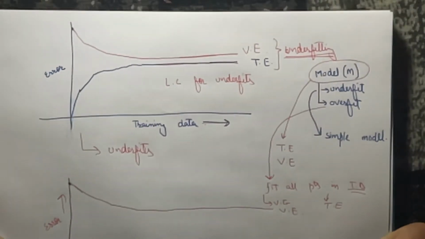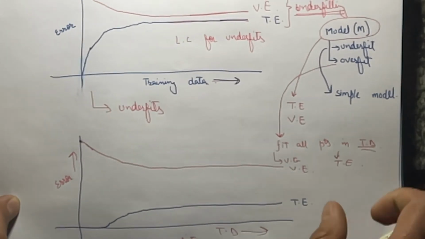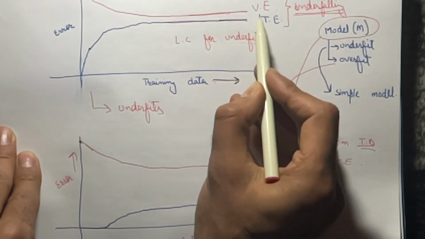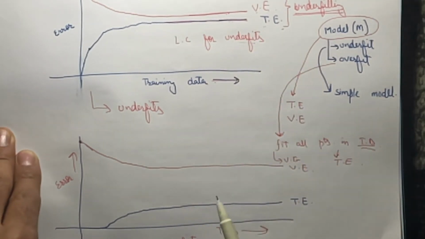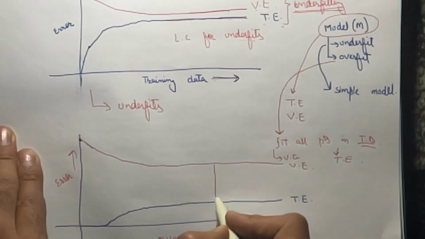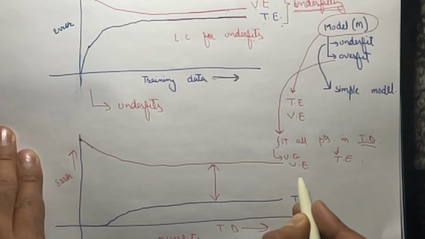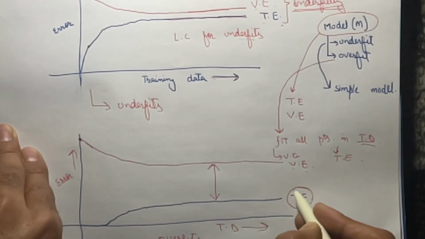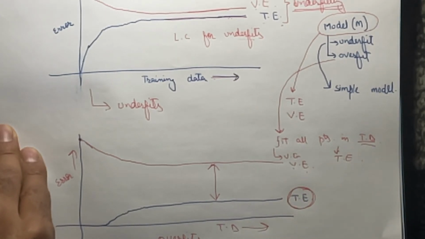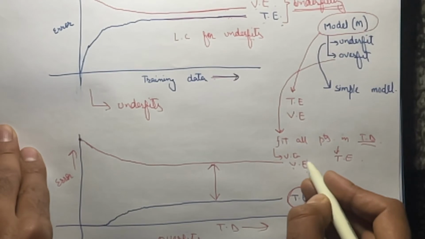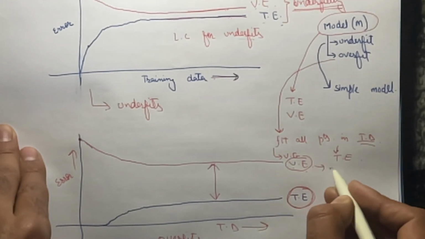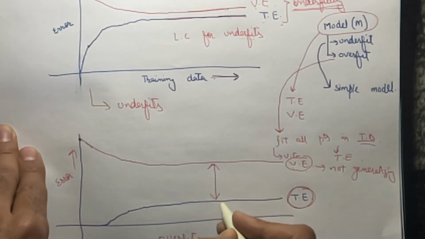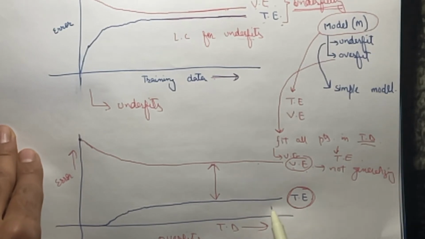Both these curves look similar, but the difference is that for the model that underfits, there is a very small distance between the validation error and the training error, while for the model that overfits, there is a very large difference between them. Why? Because a model that overfits tries to reduce the training error as much as possible, but the validation error will be very high, because it is not generalizing to unknown data. So there will be a very high difference between the validation error and the training error.